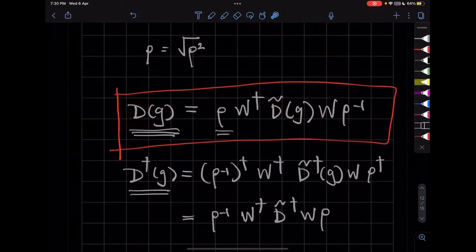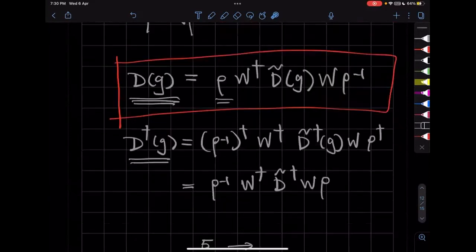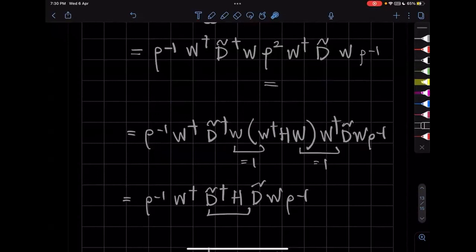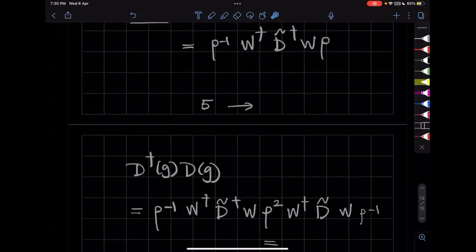And I have not yet shown that this is a representation, right? But you can show that, using the fact that the original is a representation. Because you can see that this rho inverse, they cancel. So it's almost obvious. Yeah. Okay.